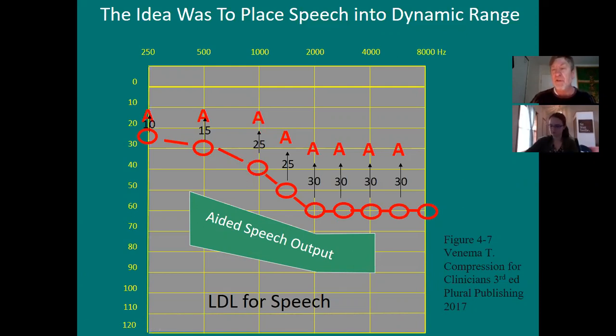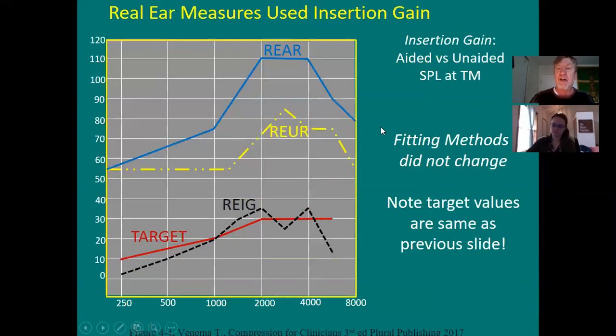And that's the mother, that is the spinal cord, that is the river that runs under all fitting methods today. Half gain for average speech inputs, more than half gain for soft inputs, less than half gain for loud inputs. How come? It's all because of the reduced dynamic range of the listener.